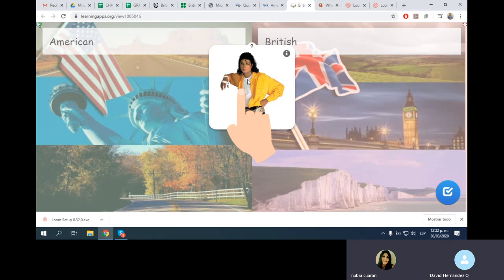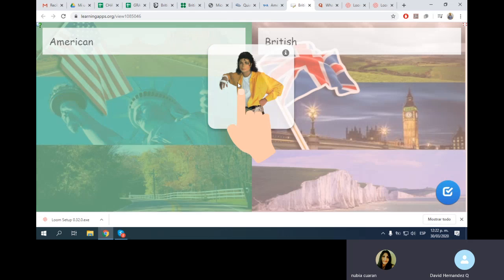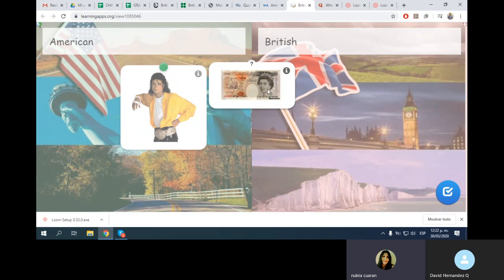Do you know who this is? Michael Jackson. Michael Jackson es americano. Ok, solo por el... Si lo ves claro, esto acá. Es como un billete. Sí, ahí British.